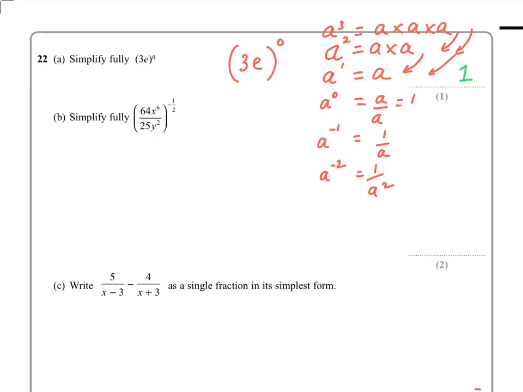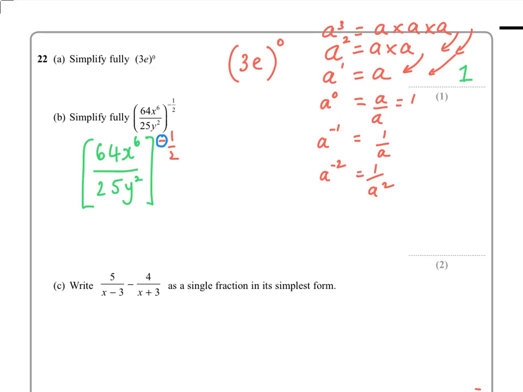Simplify fully. Well, if we've got 64 x to the 6 all over 25 y squared, and it's all to the power minus a half, the first thing I would do is try and look at what this minus does. This minus tells you to invert everything. So do the reciprocal.